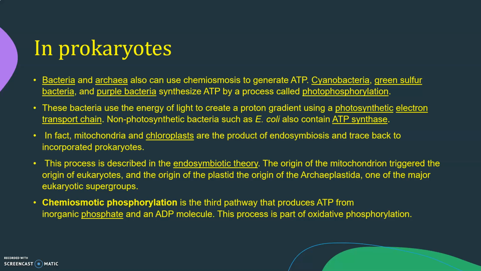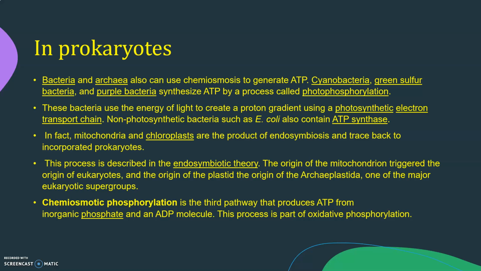Non-photosynthetic bacteria are also present, such as E. coli. E. coli also possesses ATP synthase. In fact, the mitochondria and chloroplasts are also the product of endosymbiosis, and they trace back to incorporated prokaryotes. This process is described by the endosymbiotic theory.